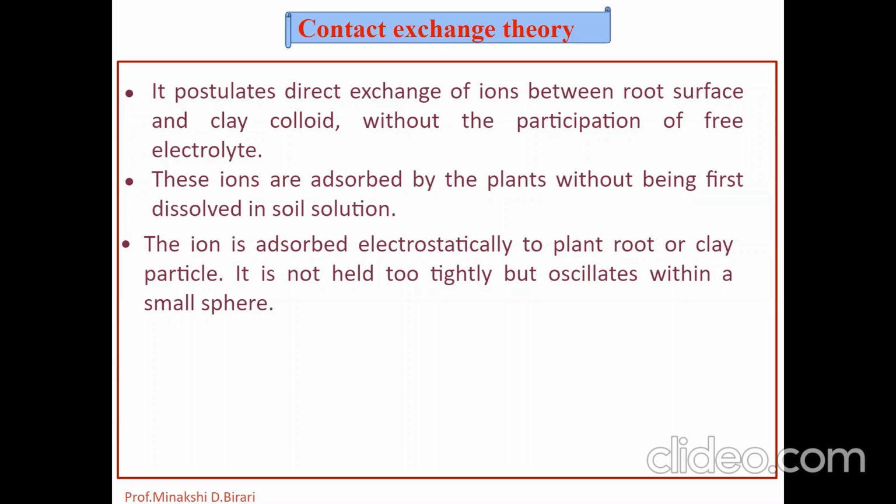If two adsorbents are in contact with each other, the oscillation volume of an ion overlaps with the oscillation volume of an ion adsorbed to the other particle, and hence the exchange of ions takes place.